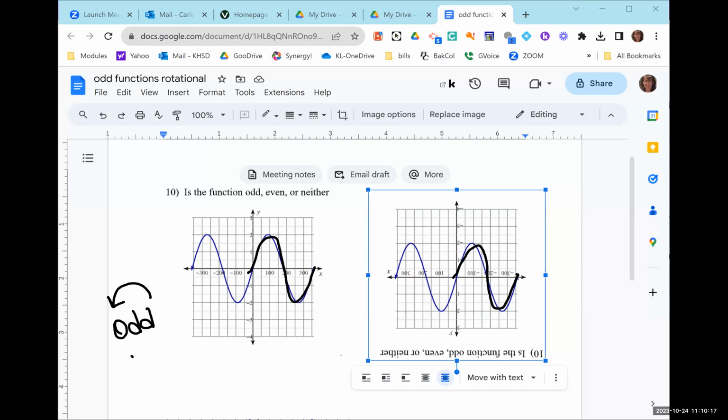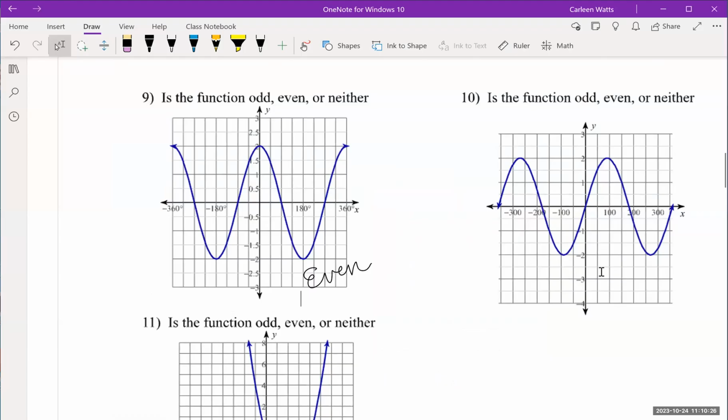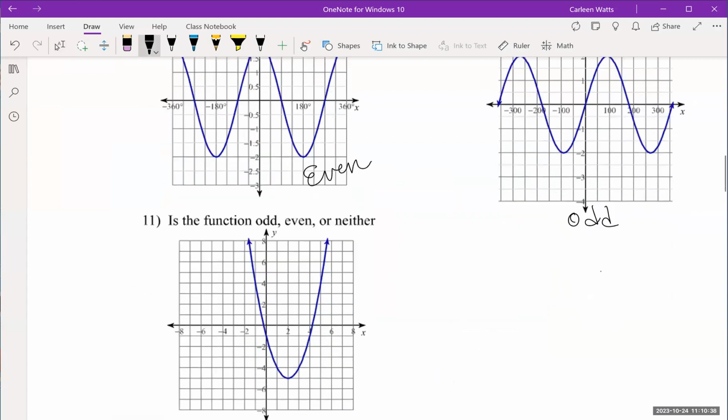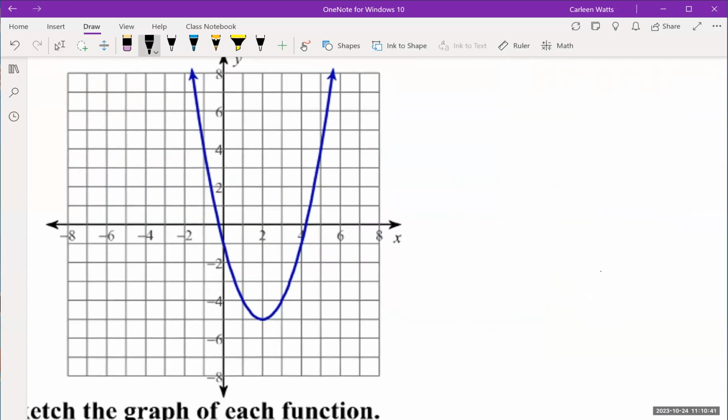So going back to this, this is odd. Okay, if you can fold it, it's even. Fold it on the y-axis. If you can rotate it 180 degrees, it's odd. This one, is this even?